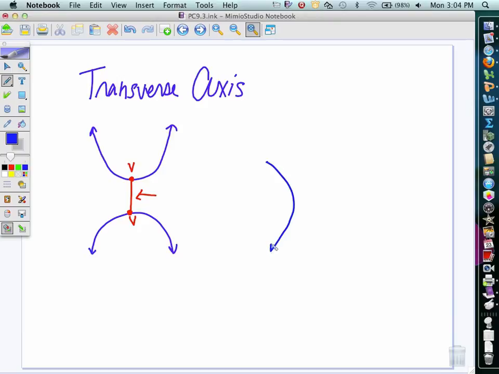If it is opening left and right, then the transverse axis is from vertex to vertex. So this is a horizontal axis, and this is a vertical axis.